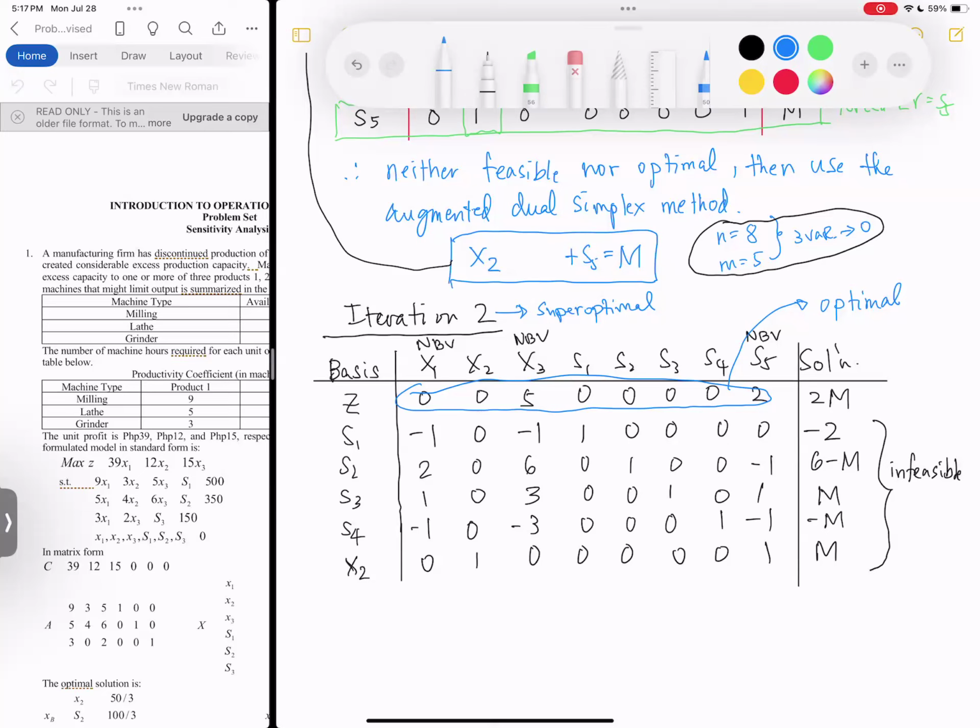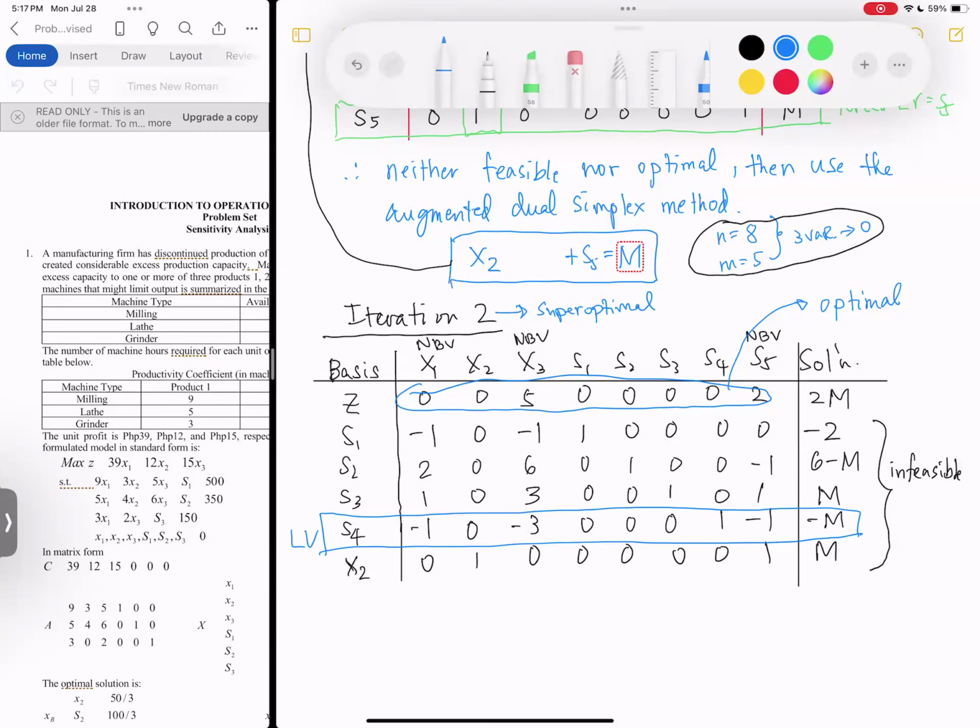Again, you can choose any. You just choose the most negative. Negative M. Okay, so negative M is your most negative coefficient. So therefore, this is your leaving variable.